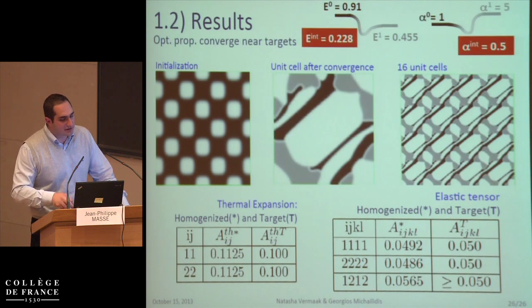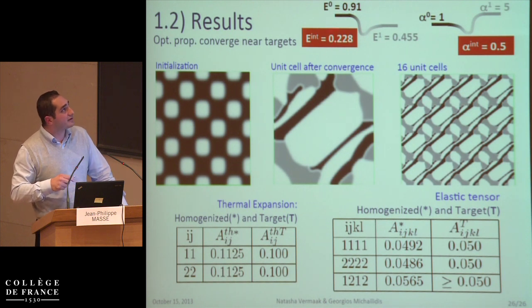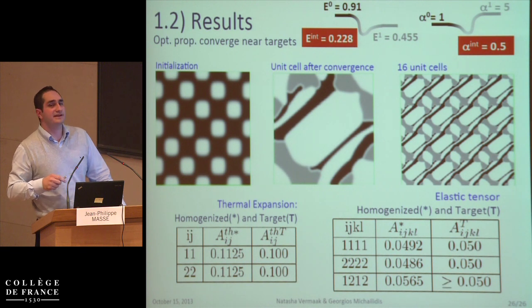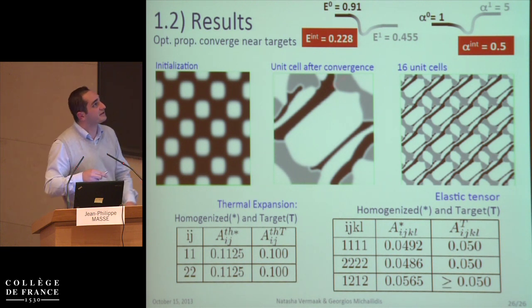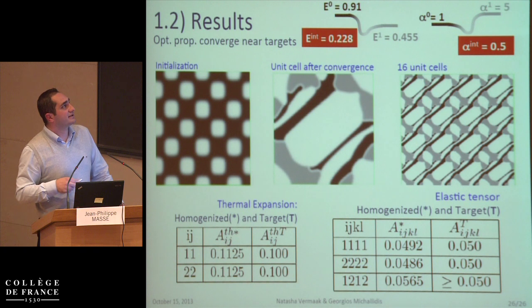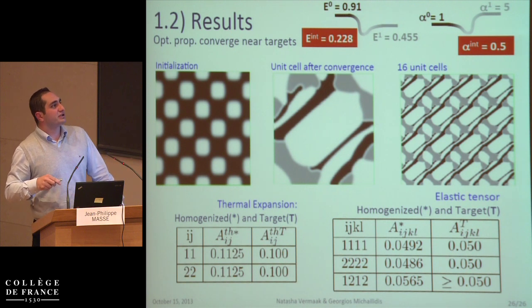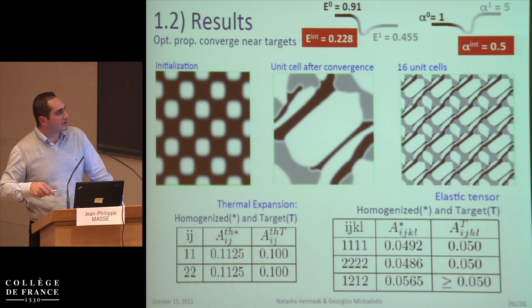And one more example in which, both in the Young modulus and the thermal strain coefficient, there is a hole, let's say, in the intermediate interface. These are the profiles here. Starting from an initialization, we get the following shape, and this is how the periodic domain looks. Again, the coefficients are close to the target coefficients.